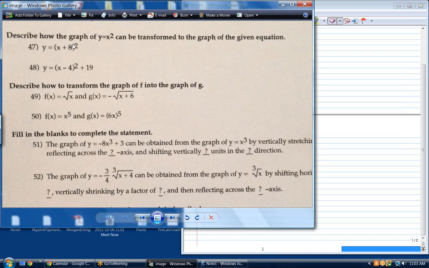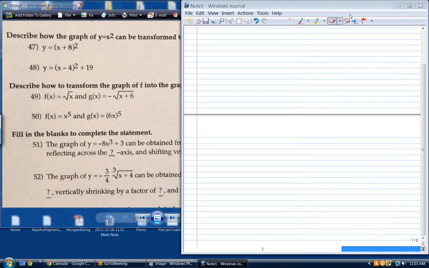Okay, what kind of transformation is this? Let me look at my notes. Is it horizontal, or no, vertical?